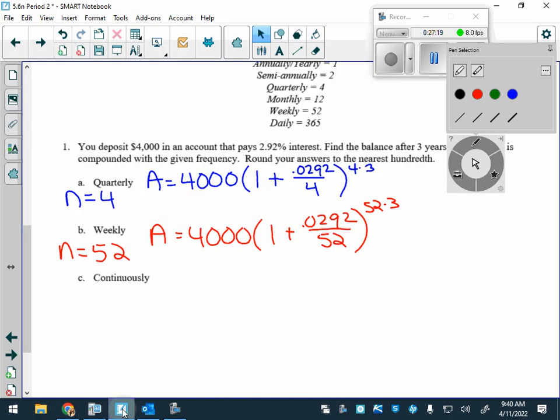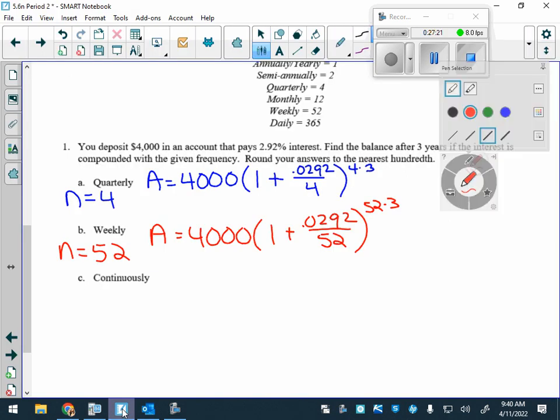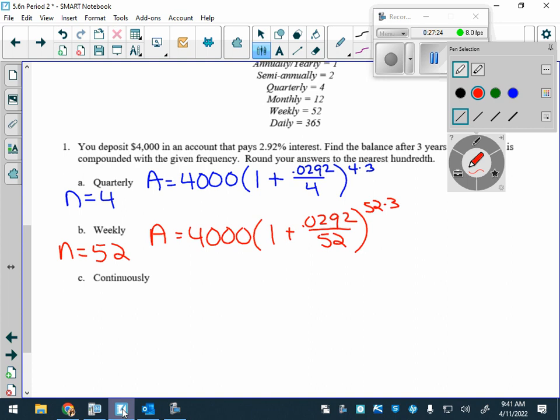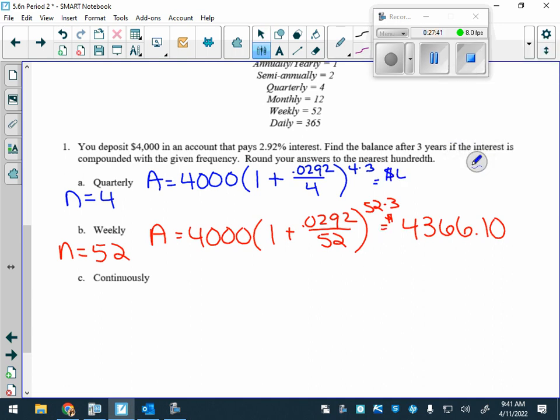It all comes down to how you enter it. 0.10.